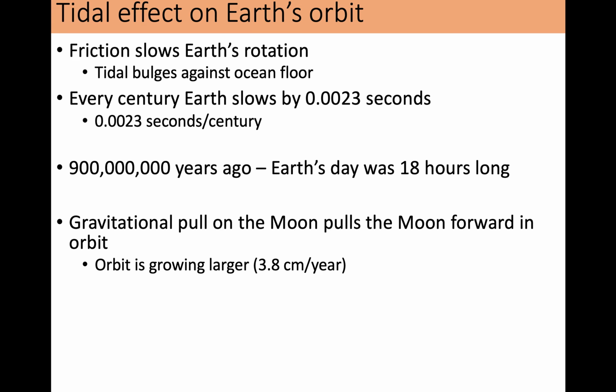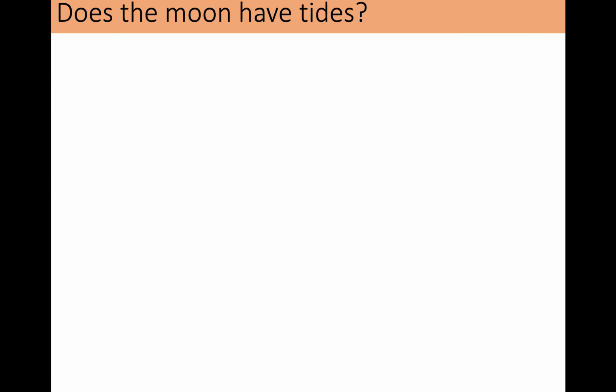So the orbit of the moon around the Earth is also getting larger. So the Earth's rotation is slowing, and the orbit of the moon around the Earth is getting larger. Very, very slow changes, but these changes are occurring because of this relationship.